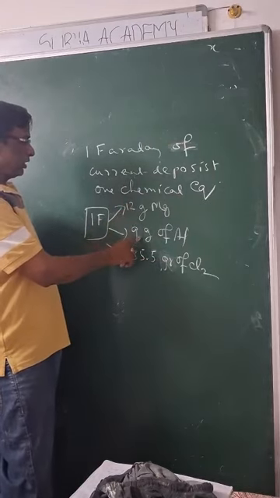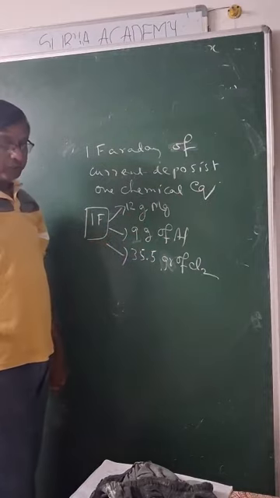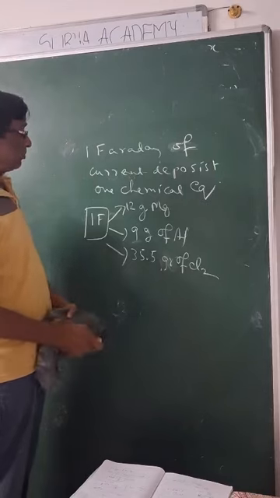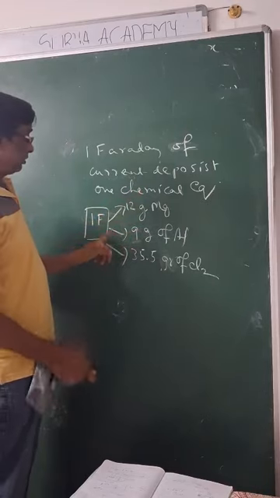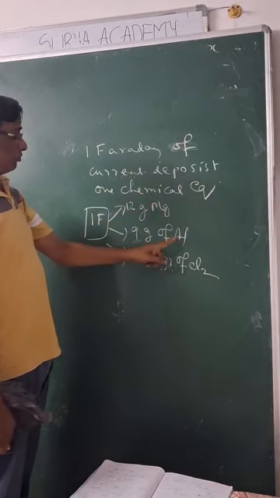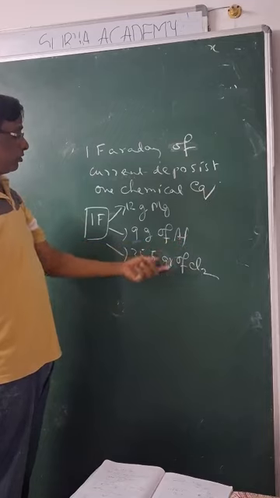You pass 1 Faraday of current, it deposits one chemical equivalent. 12 grams is one chemical equivalent of magnesium, 9 grams is the chemical equivalent, or equivalent mass, of aluminium.